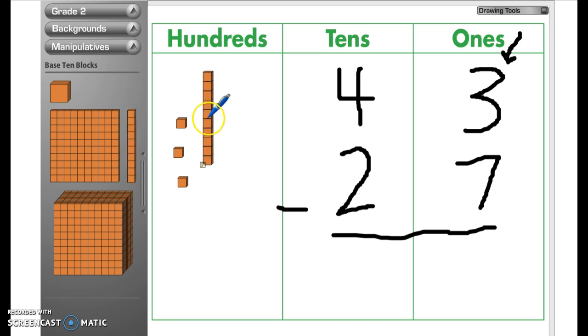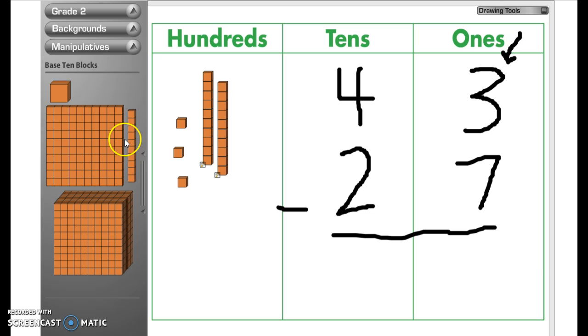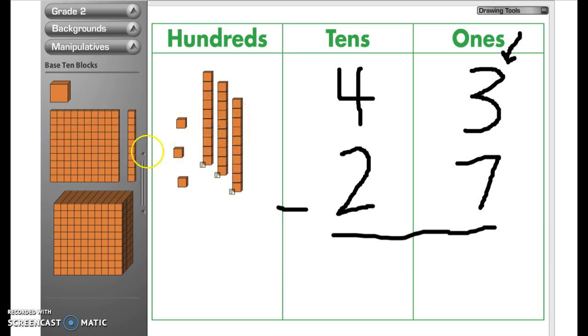So let's take out our 43: 10, 20, 30, 40, and then we already have our 3 right here. And we need to take away 27. So let's start in our ones place where we have our 3 ones over here, but we need to be able to take away 7 ones.